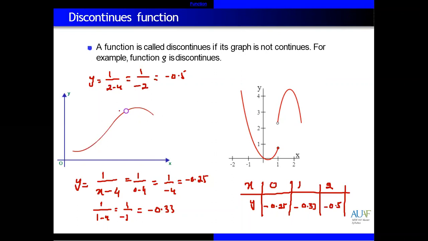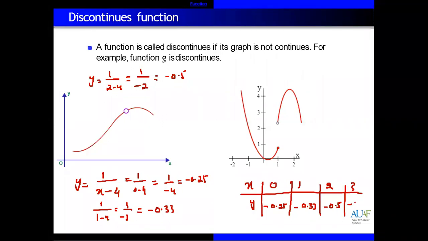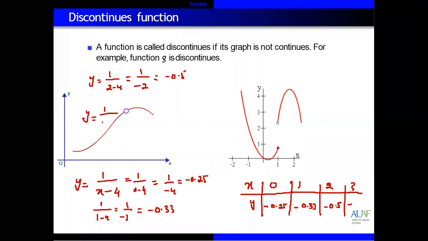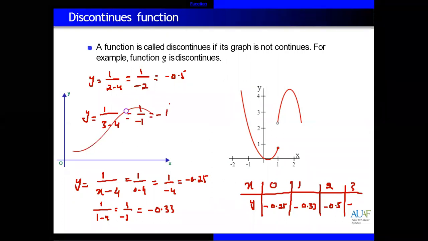When x is equal to 3, y is 1 over 3 minus 4, 1 over minus 1, which is minus 1.